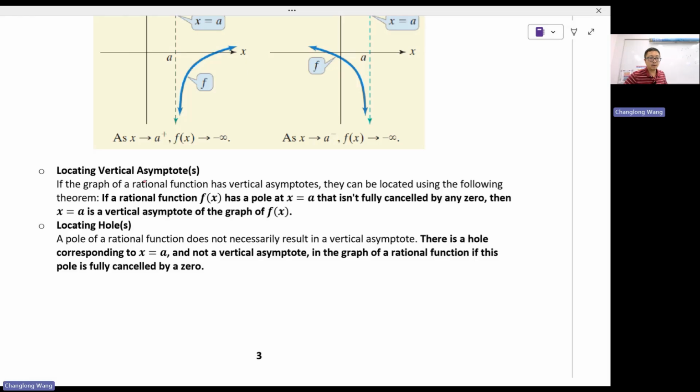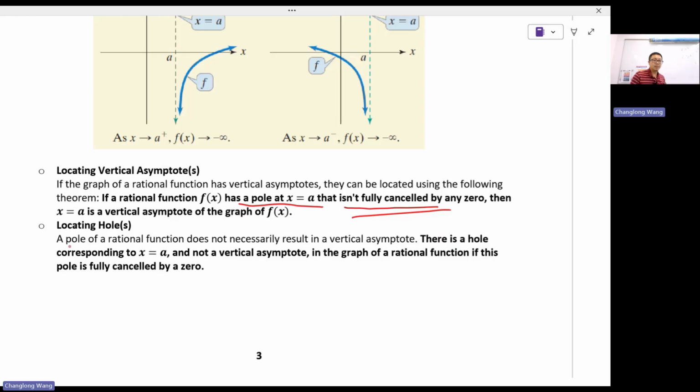When locating vertical asymptotes, you will find a VA at a pole, let's say x equals a, if it's not fully canceled by a 0. And you will see examples when the pole is canceled by the 0.